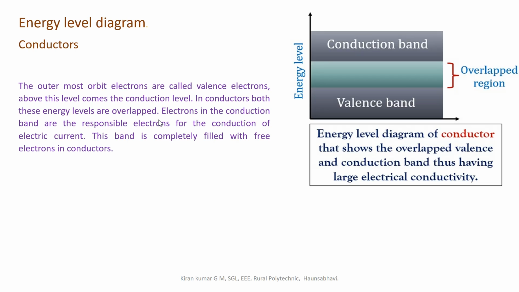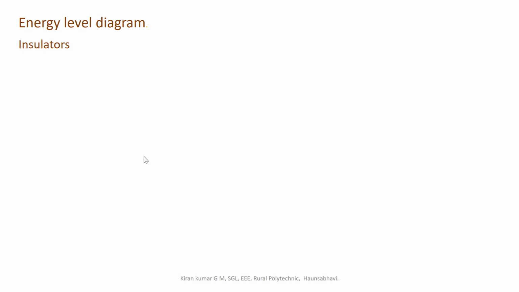In this diagram you can see that the valence electron band and the conduction electron band are overlapped with each other in the case of these conductors. That's why we find more free electrons in the conduction band, and the electric current can easily be conducted through these conductors. That's why we say that the band is completely filled with free electrons in the case of conductors.